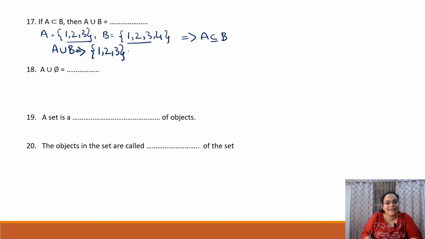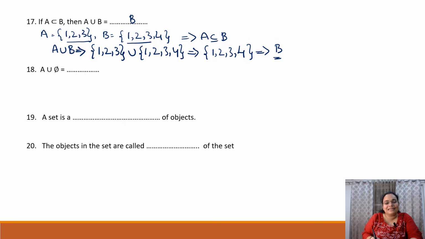The union of both the sets. That is {1, 2, 3, 4}. Which is B. So the next one is A union null set.